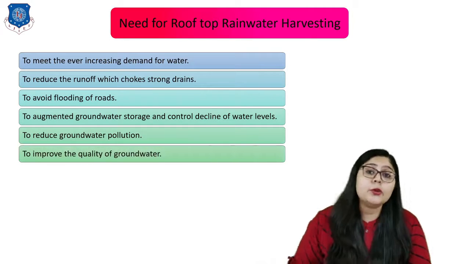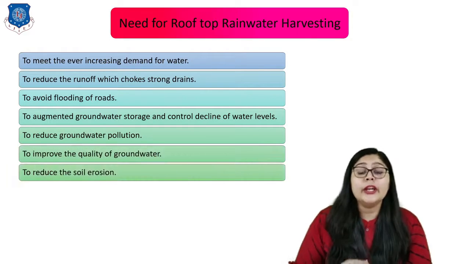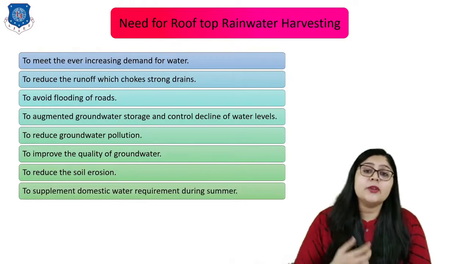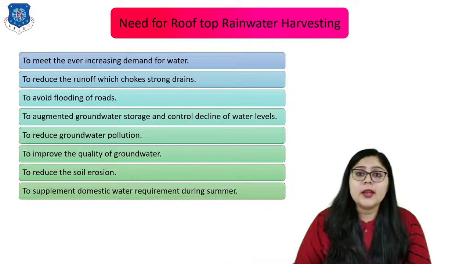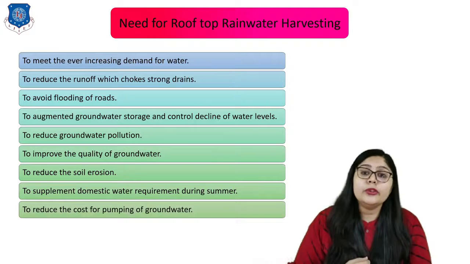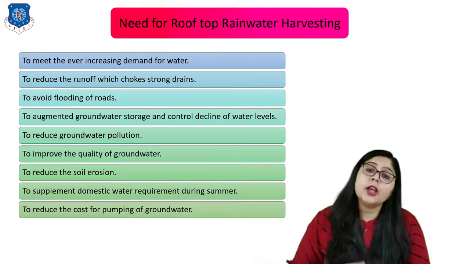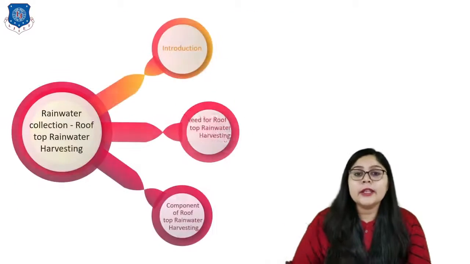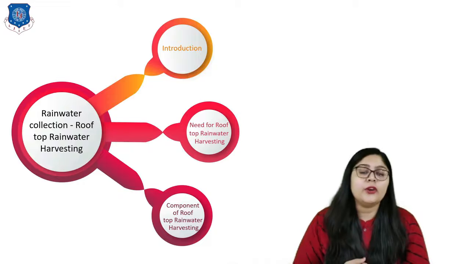It also improves the quality of groundwater, reduces soil erosion, and supplements domestic water requirements during summer. We also use it for reducing the cost of pumping groundwater. So these are all the needs of rainwater harvesting.